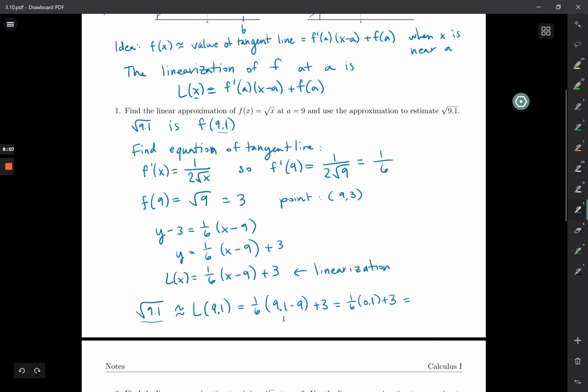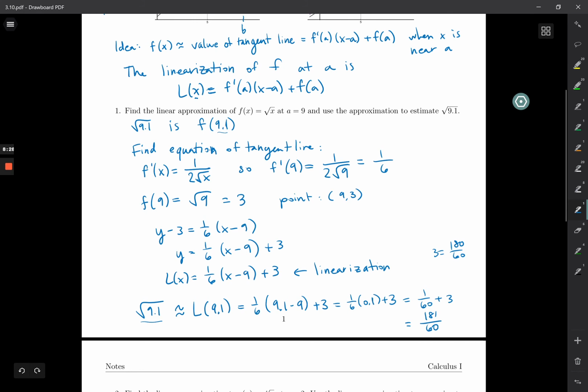And then I guess if we want to simplify it all the way down, we would get 3 is equal to 180 over 60, so 181 over 60.